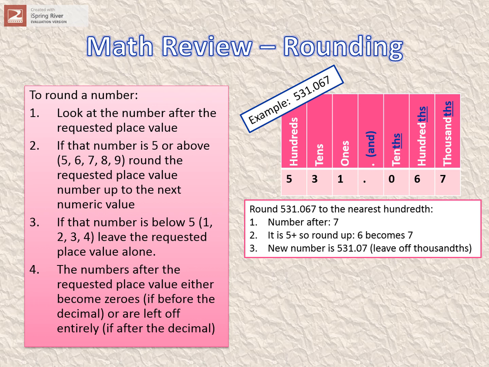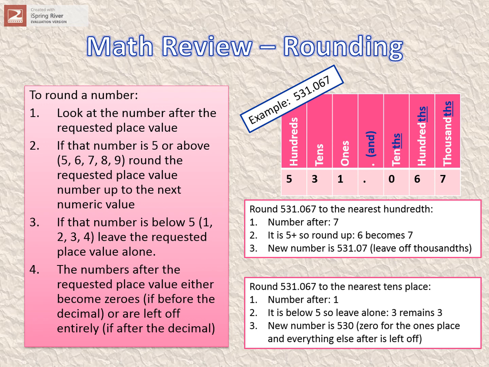It's 5 or above, so we're going to round the actual requested place value, which is the hundredths place. That 6 that was in the hundredths place is going to go up to 7. And our new number is 531 and 7 hundredths. And remember, the thousandths place is after the decimal, so we just leave that off. It's after the requested place value and it's after the decimal, so we just leave it off entirely.